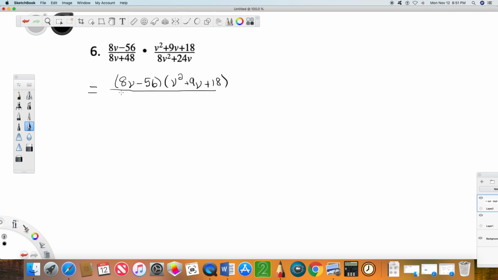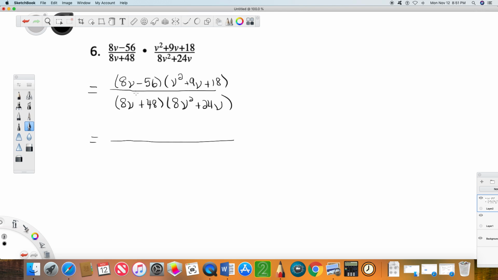And here in the denominator, 8v plus 48 times 8v squared plus 24v. All right, so it's a little bit difficult for us to see exactly what's going to cancel and how to write our restrictions unless we factor this more. We need everything to be completely factored.